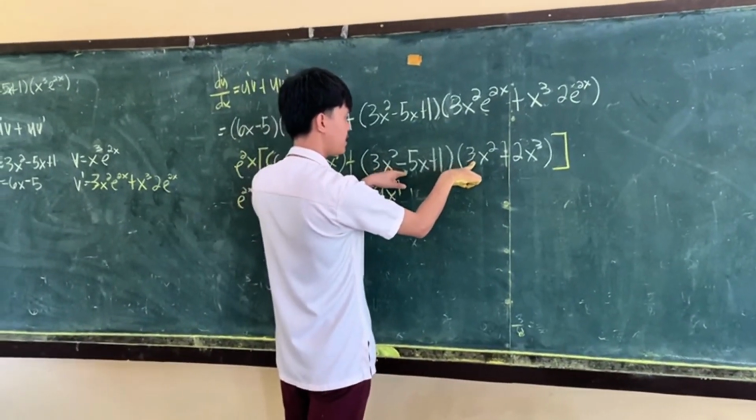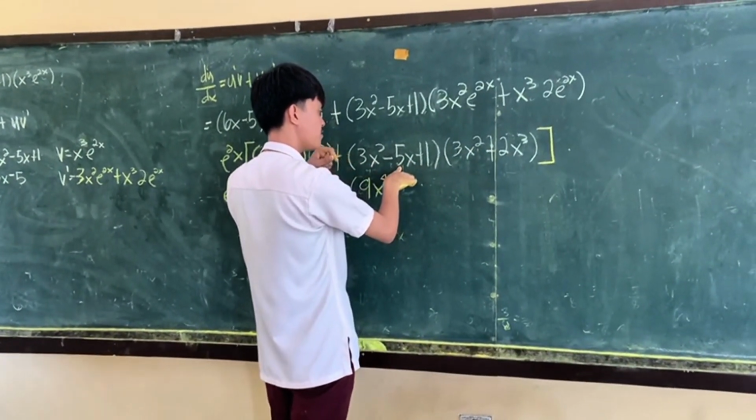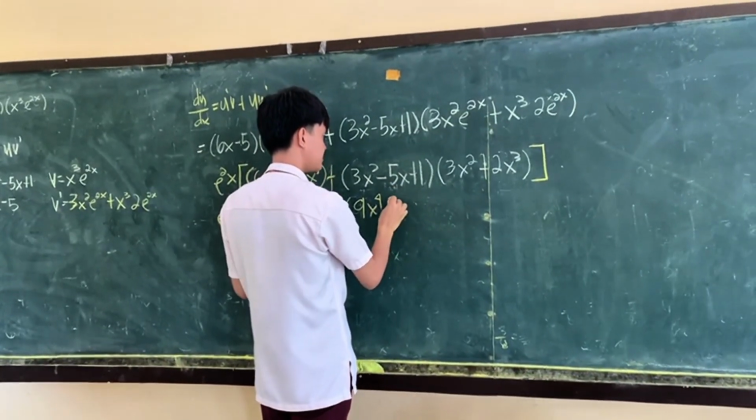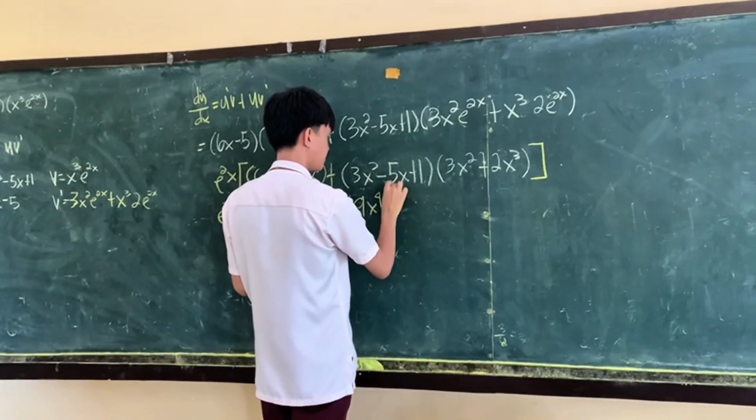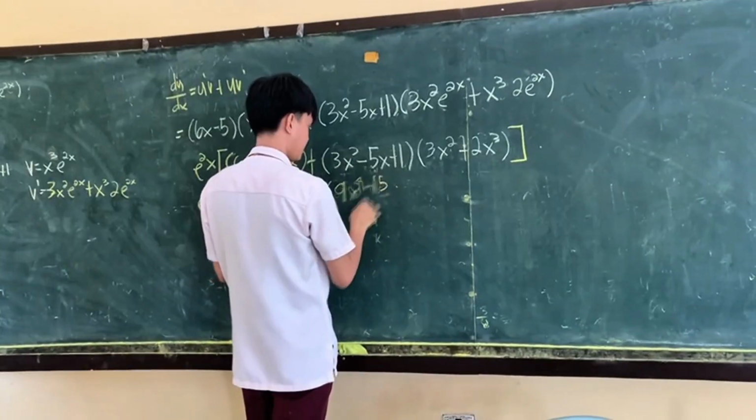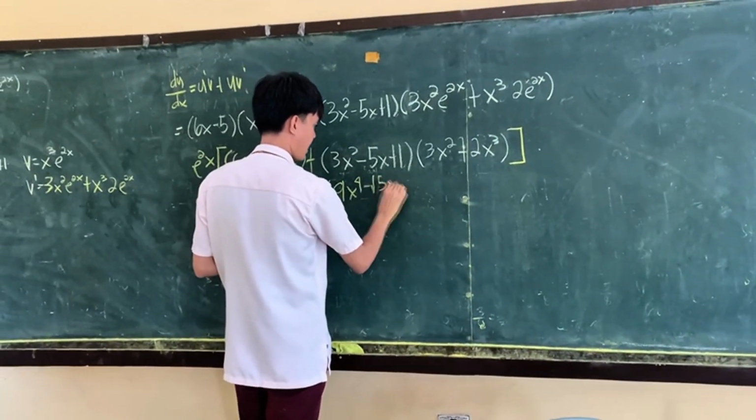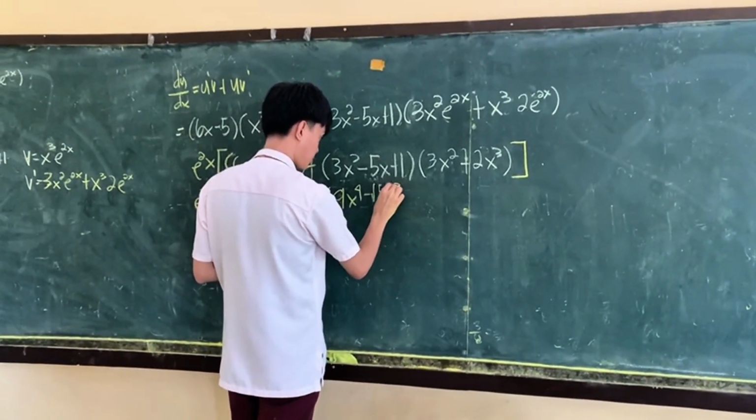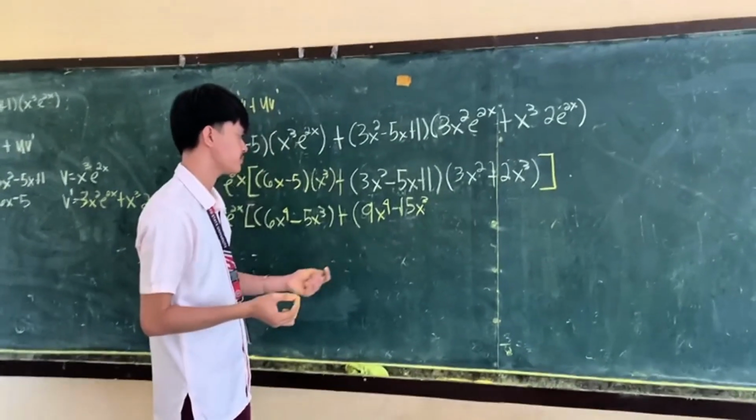Then 3x squared multiplied by negative 5x is equal to negative 15x cubed.